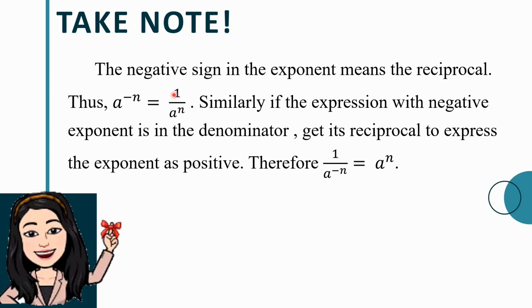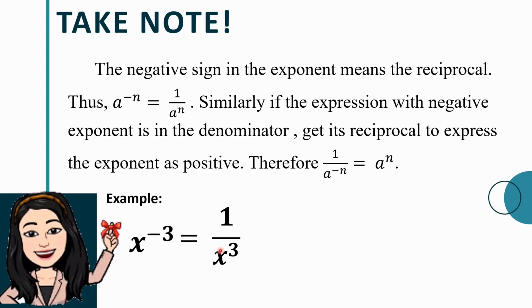Now, let's have our example, x raised to the negative 3. So applying the rule, we can have, very good, 1 over x cubed. Inilagay natin siya sa denominator, so naging positive yung ating exponent. Once we get its reciprocal, nawawala na po si negative exponent.